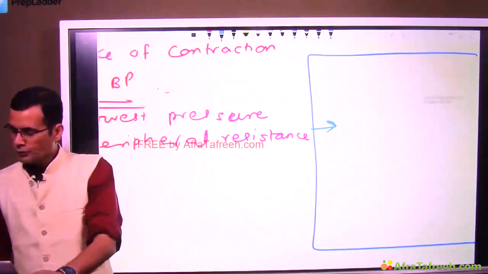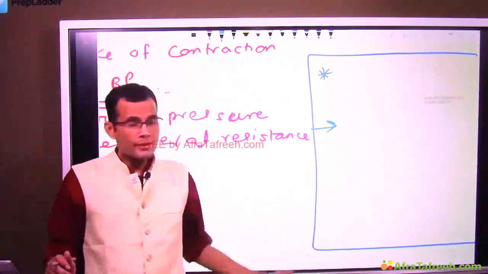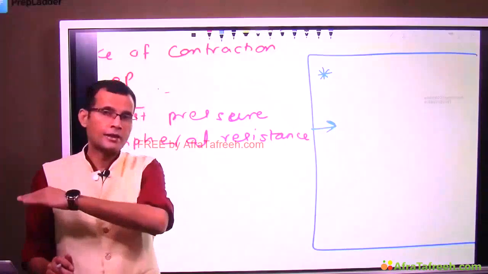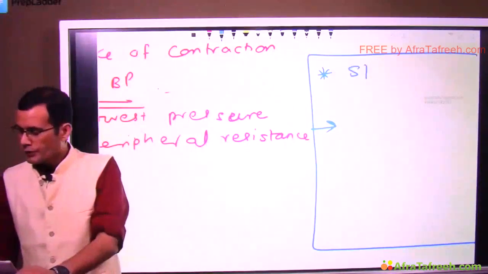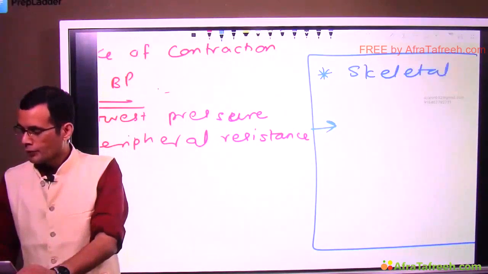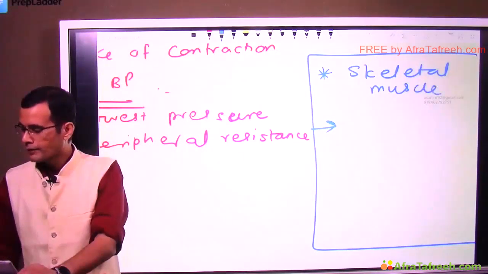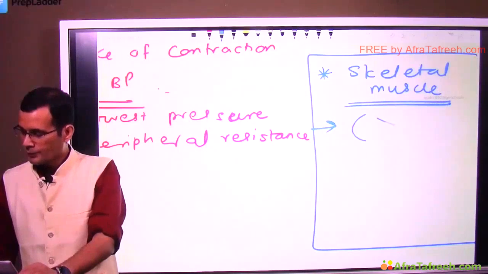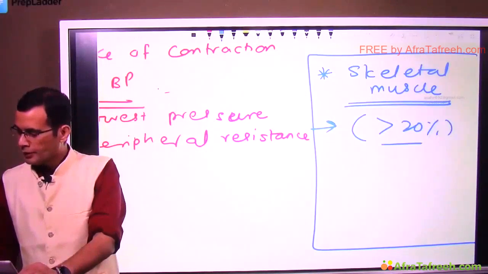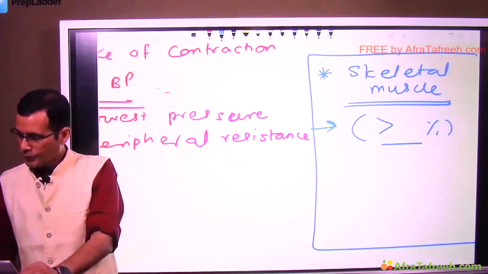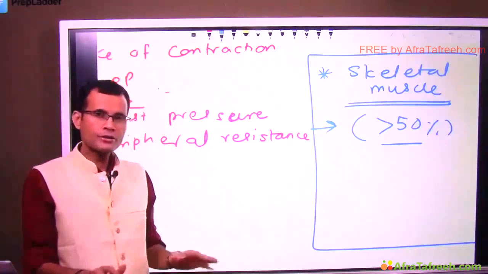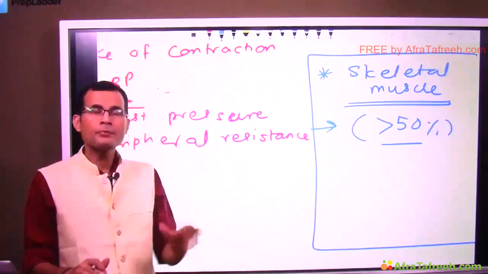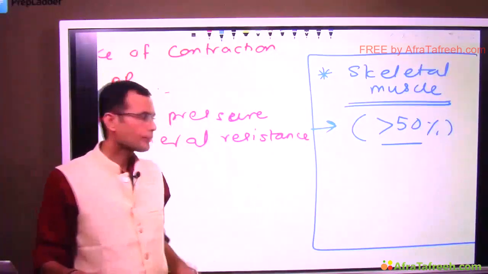Please note it down properly. We will need this information in exercise, skeletal muscle exercise, that skeletal muscle contributes maximally to the peripheral resistance. I mean, more than 50%, more than half of the total peripheral resistance is contributed by the skeletal muscle alone.